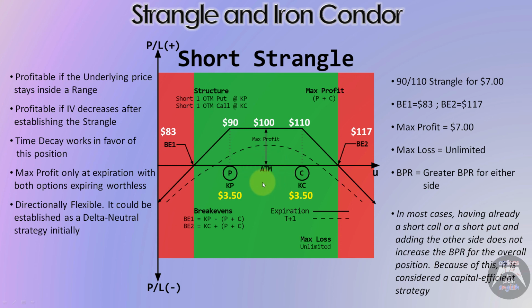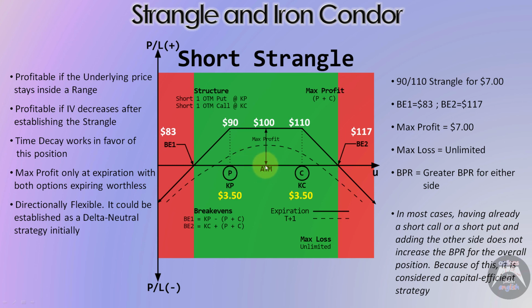Okay. Now, it doesn't need to be delta neutral. If you want this strategy to be a little bit directional, so for example, if you think that it's not going to go higher by much, but you want to give yourself a little bit more of a cushion on the downside, then you sell a call that is closer to the at the money, and then you sell a put that is further from the at the money, and that's going to give you a delta component, because the deltas for the call are going to be higher than the deltas for the put, so your delta is going to be negative, but it's still a strangle.